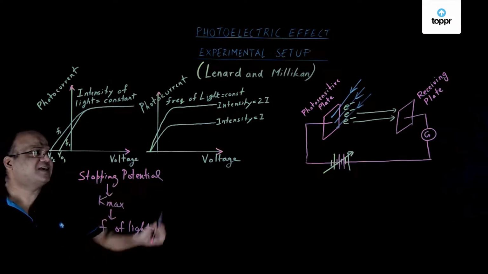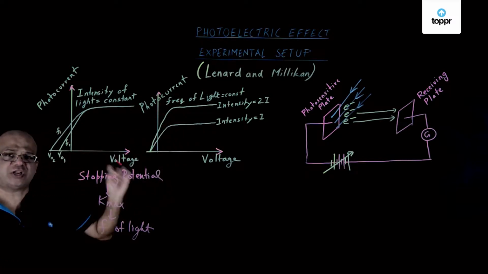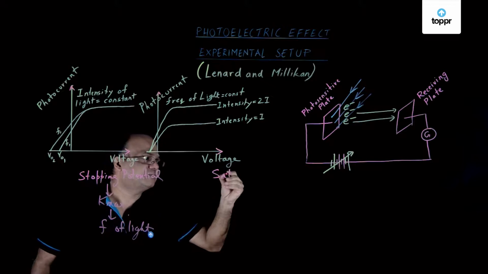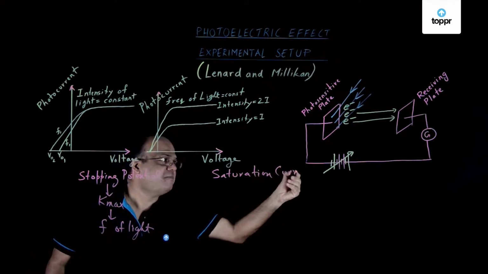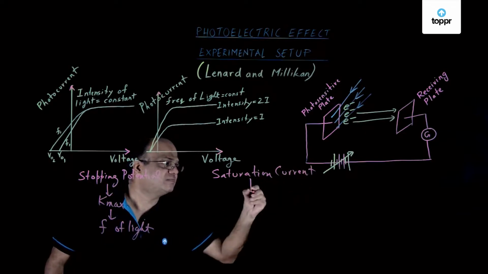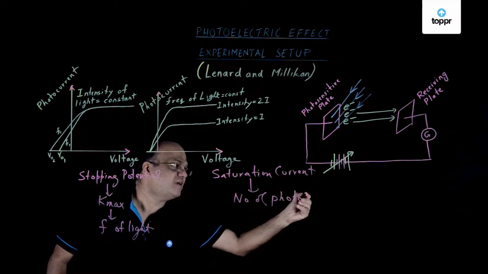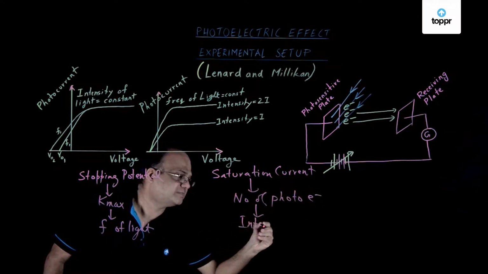Now, we find that the saturation current changes, but the stopping potential does not change. Saturation current, which is a measure of the number of photoelectrons, depends on intensity of light, not on frequency of light.